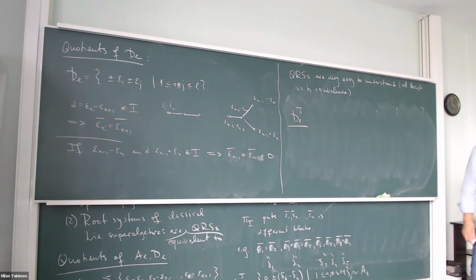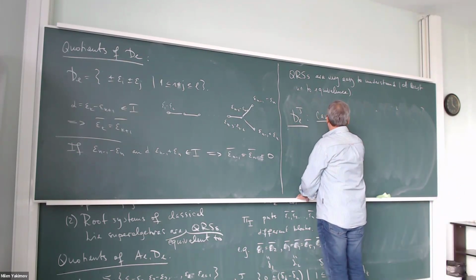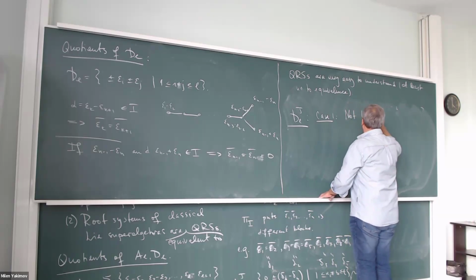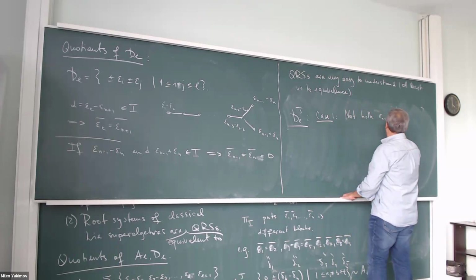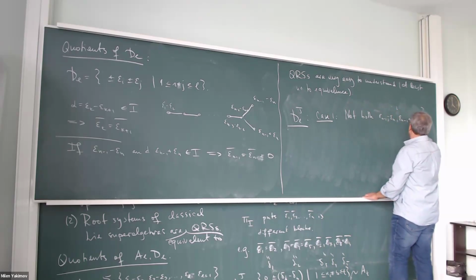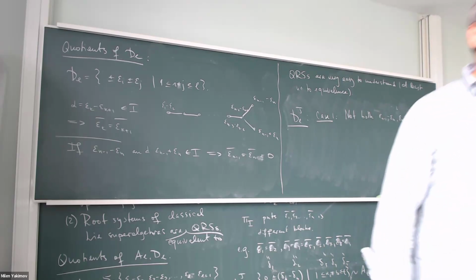The first case is if not both epsilon n minus 1 minus epsilon n and epsilon n minus 1 plus epsilon n belong together. So one of them is right.